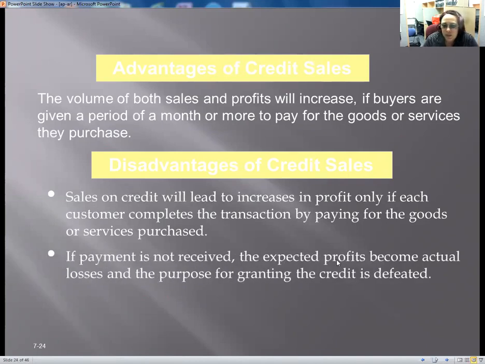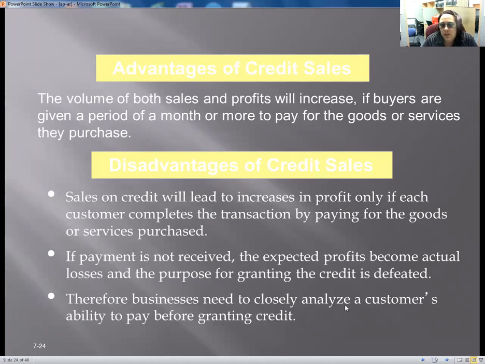If payment is not received, the expected profit actually becomes a loss, and the purpose for granting the credit is defeated. But in hindsight, if you do lose some money, you can always record it as a loss or bad debt, and that will help you on your income statement as well. So it's not a total loss, but it is a loss.